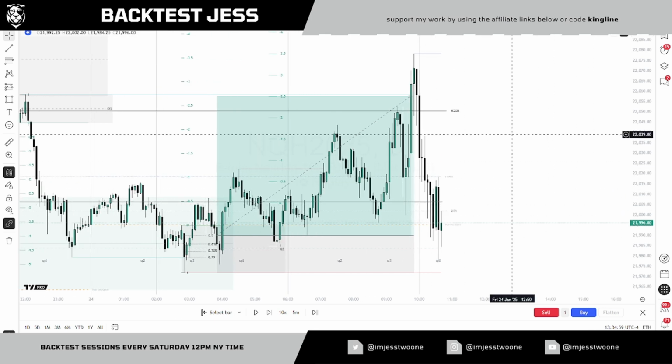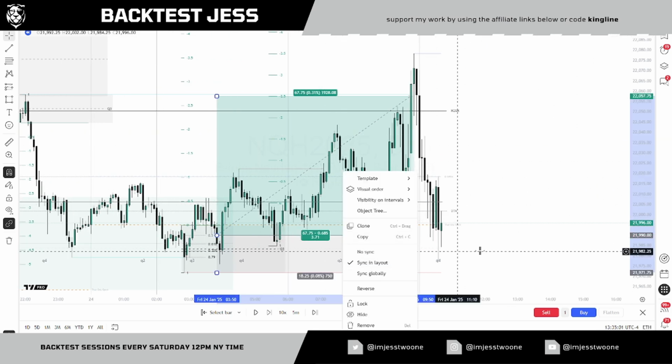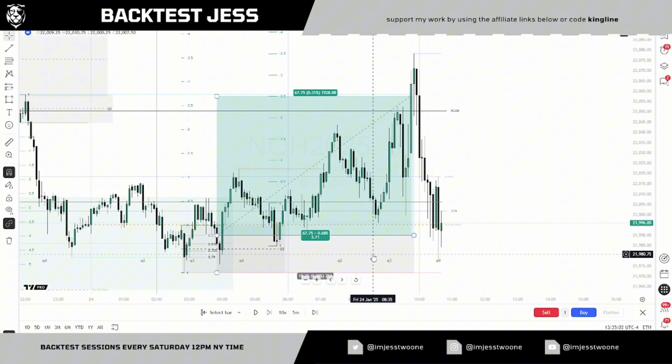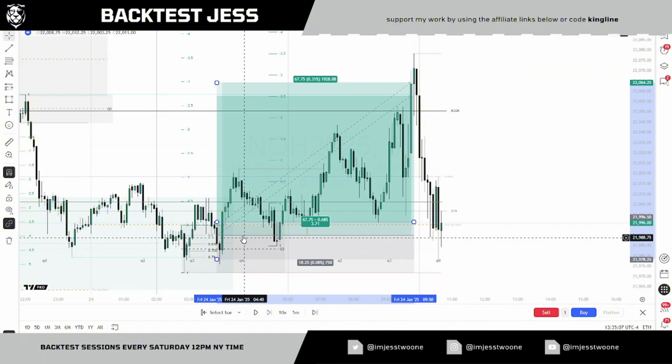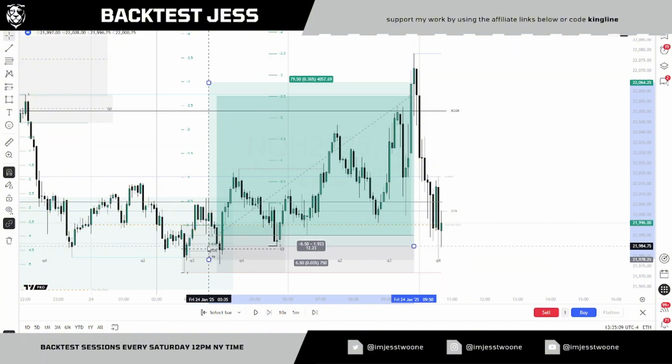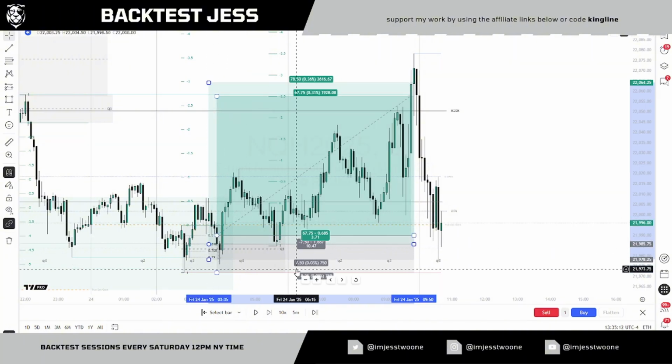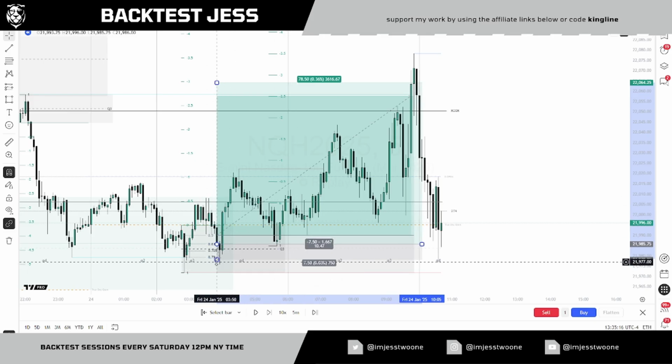Alright, so we're at 10 a.m. here. Let me add all the other boxes really quick. I know this is super, super tedious. I apologize. Again, if you guys have any questions, feel free to ask now while I'm just kind of clicking. This is 0.618 on the same candle.